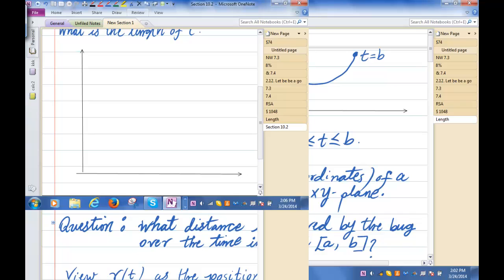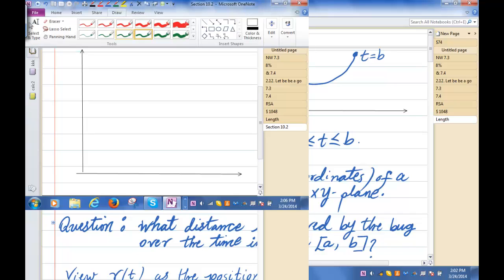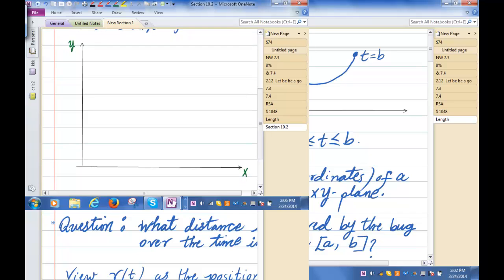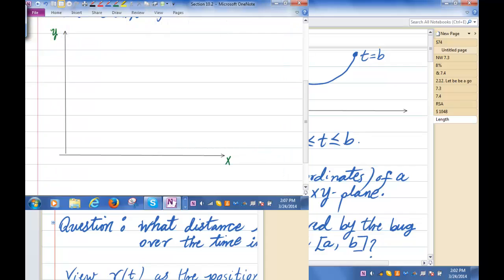Okay, so here I have the y-axis, this is the x-axis, and let's say the curve looks like the following. You know what, let me make a full page view here.